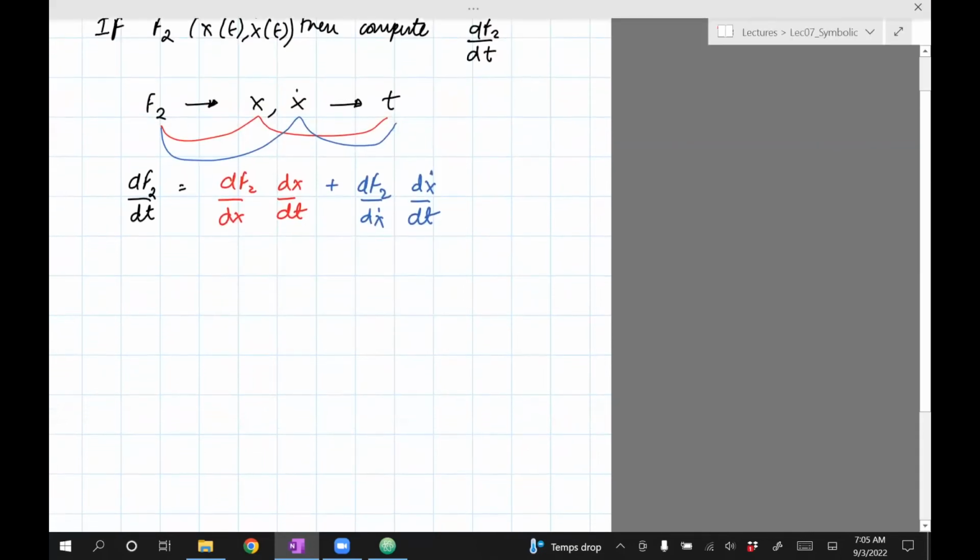Now I can check this with a simple example. Let's assume that f2 is x of t times x dot of t.